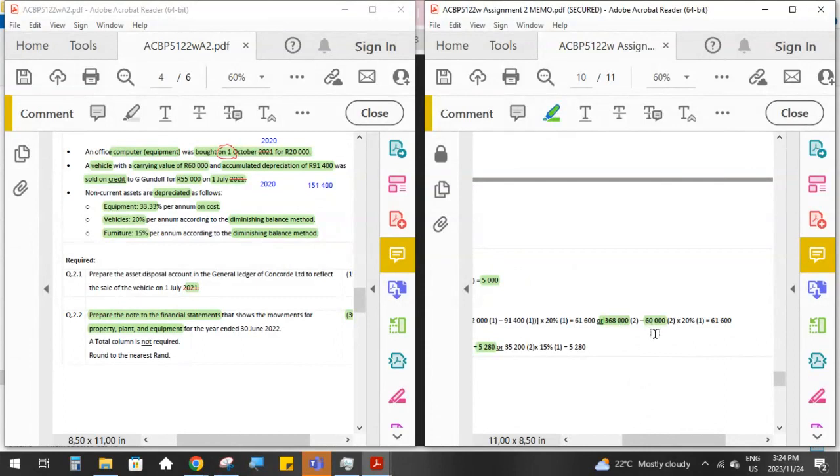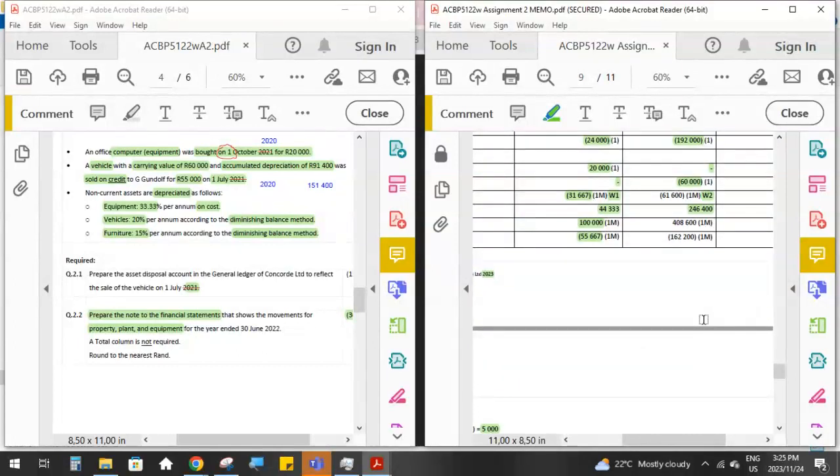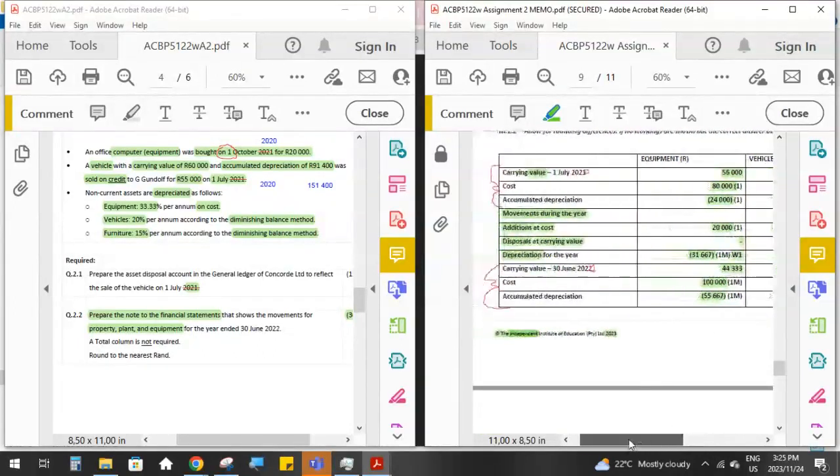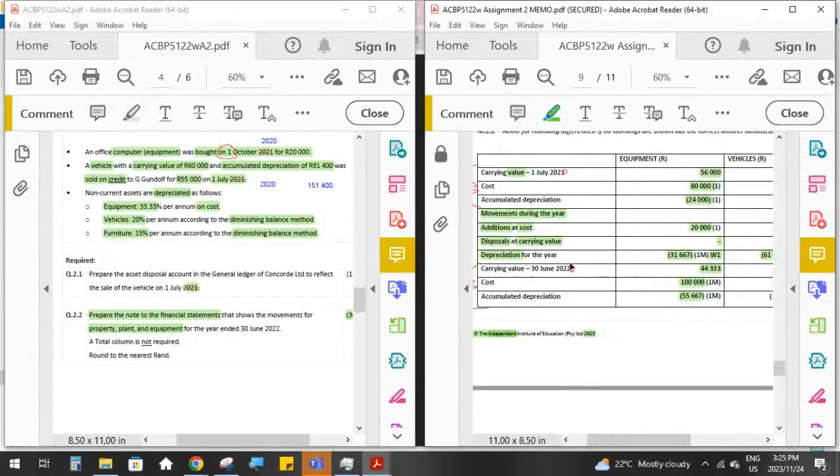And only the remaining 308,000 will then multiply by 20%, vehicles, 20% on carrying value, and work out that our new current depreciation for the year is 61,600. And we write there in brackets 61,600 on the depreciation for this year line.